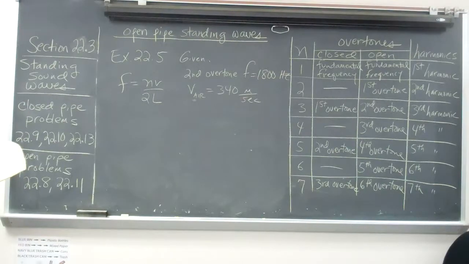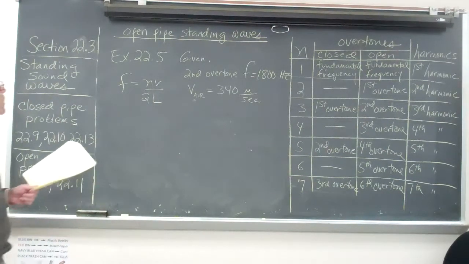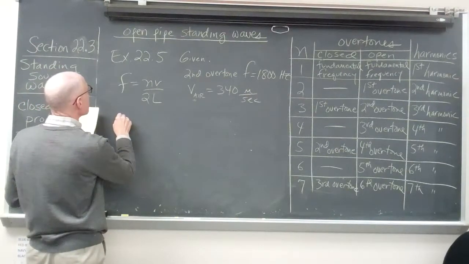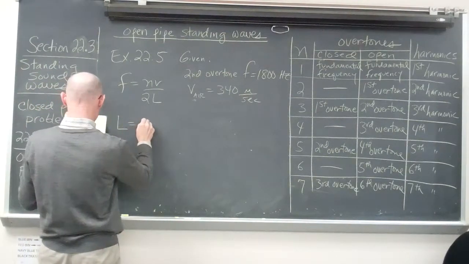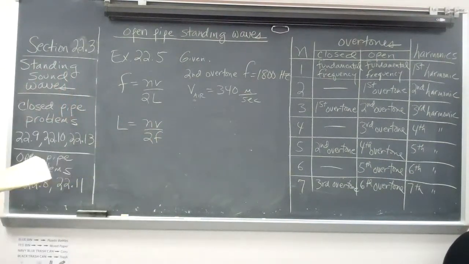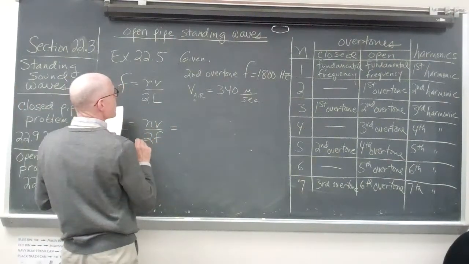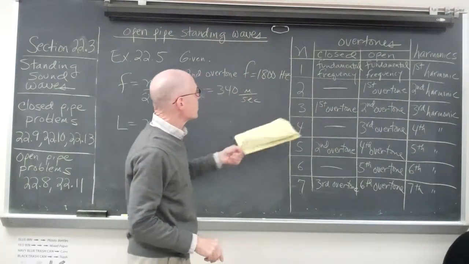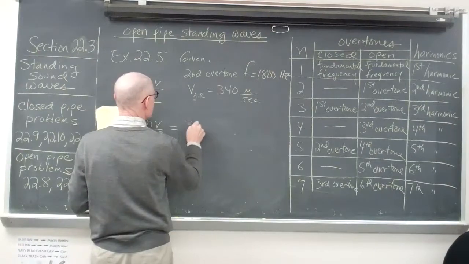And then you're asked for the length of the pipe. So we're going to solve this equation for the length of the pipe. So L is equal to NV over 2F, just cross multiplying the L and the F. Second overtone, open pipe, from your table, N equals 3.